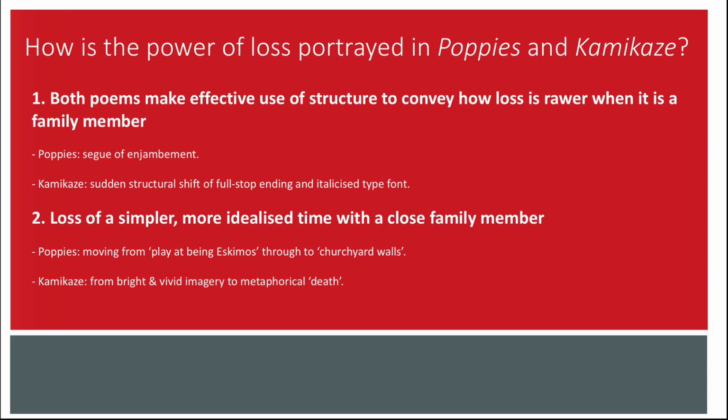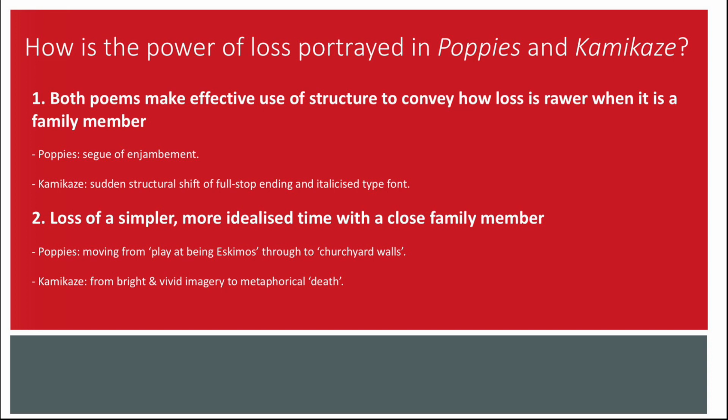And that gives the poem a certain amount of pathos, a certain amount of sorrow, sadness that the childhood version of her son no longer exists and has grown up rather more quickly without her realising. So that's one thing that I'd say about the structure of Poppies, that there's a slow, gradual segue of enjambment, talking about a family member.